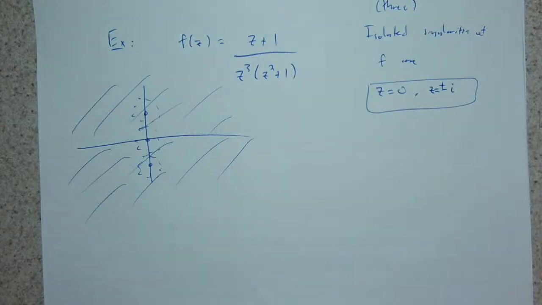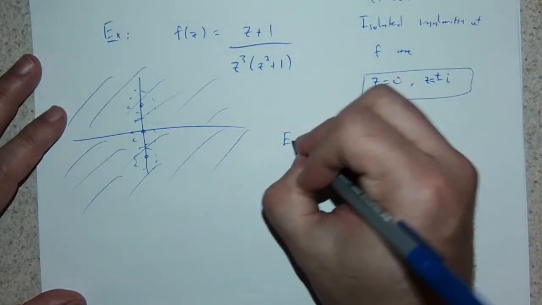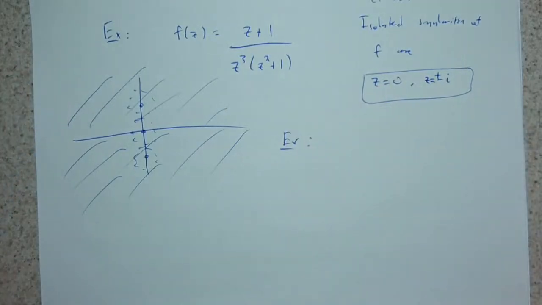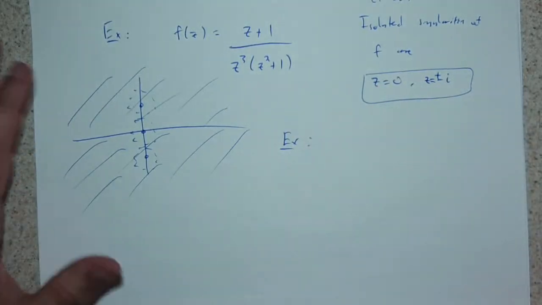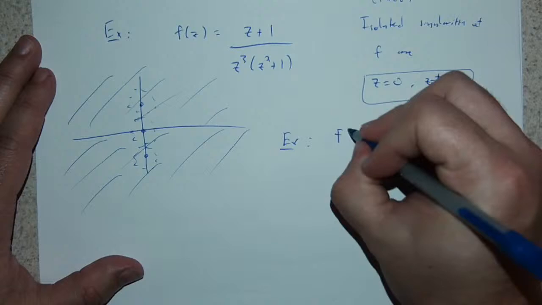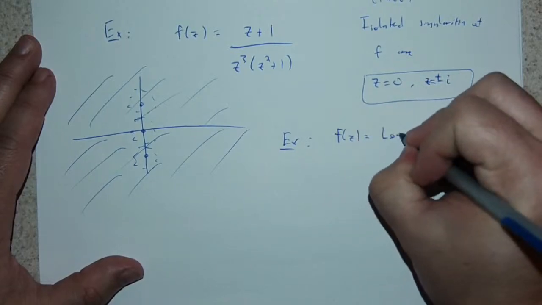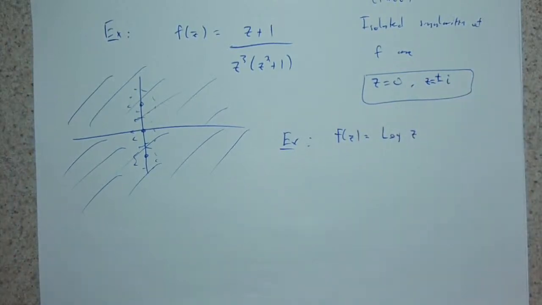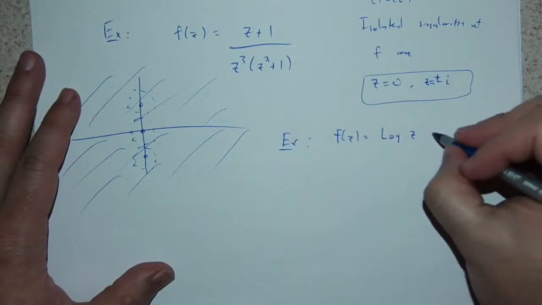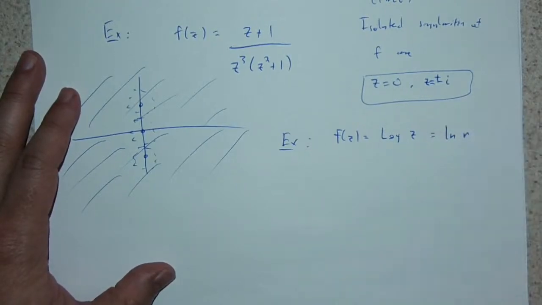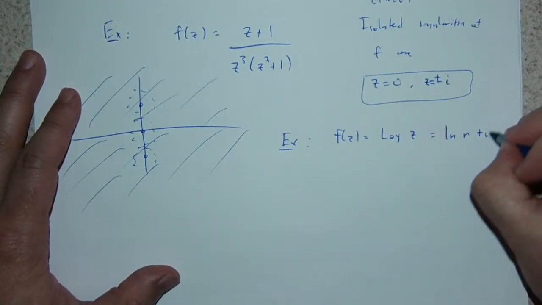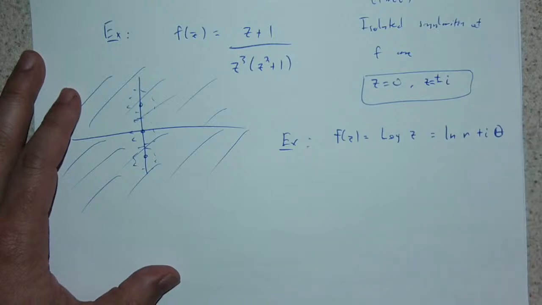Well, let's see examples of singularities that are not isolated. What's the first thing we're going to think of? Let f of z be the principal branch of log z. This is just to refresh your memory, it's been a while. It's the natural log of little r plus i times the principal argument, big theta.